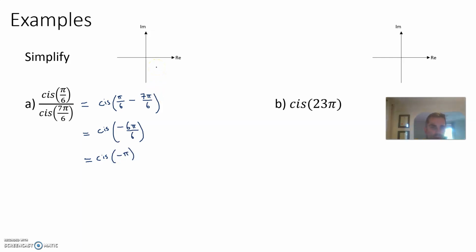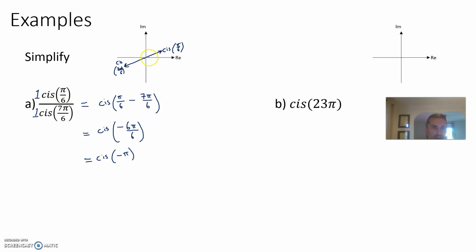Now if we think about what that means on the Argand diagram, well, we started with the cis of pi on 6. Notice, by the way, at the moment I've just got a modulus of 1. I haven't brought in the modulus yet. So here's cis of pi on 6. cis of 7 pi on 6 is over here. That's 7 pi over 6.